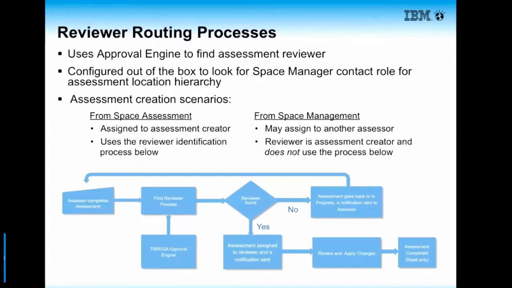Then the assessment will be put into the in progress state, so the assessor can resubmit and recomplete the assessment, and it will go and find the reviewer. I'm going to go through the app and show you how we did this.